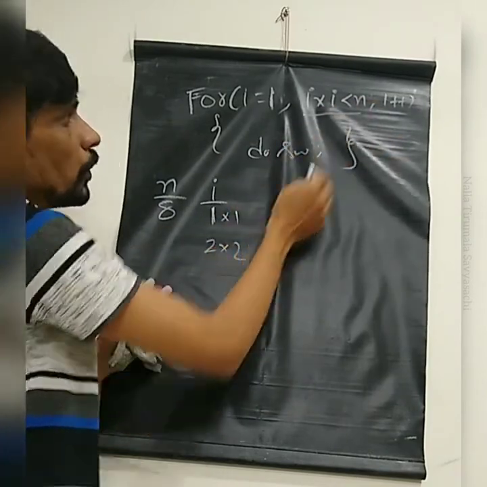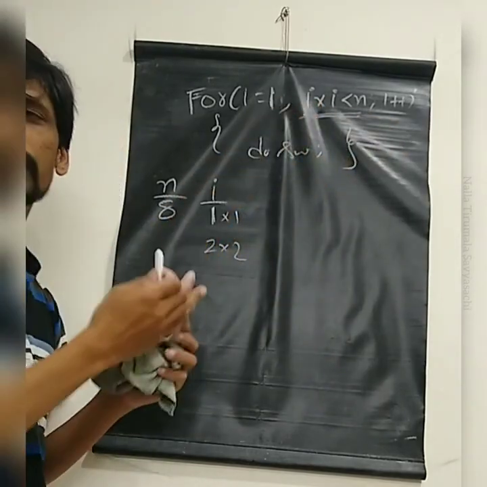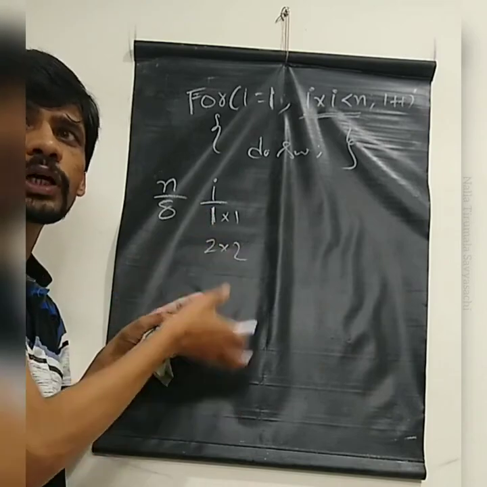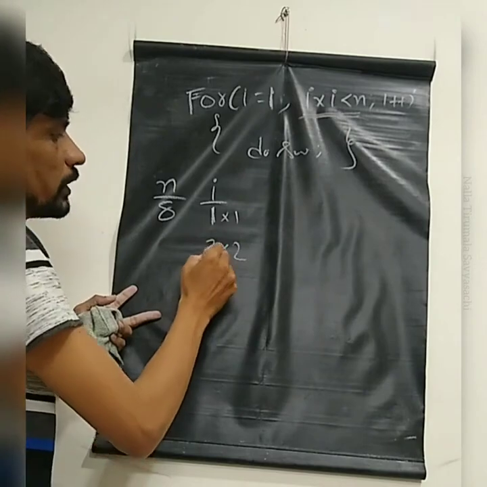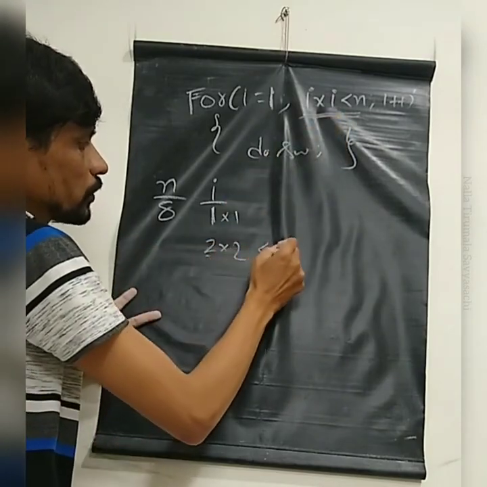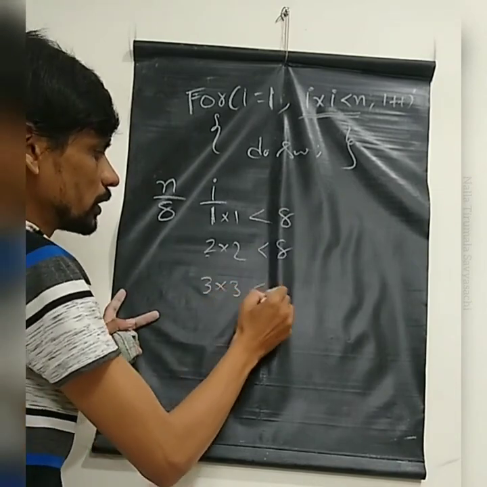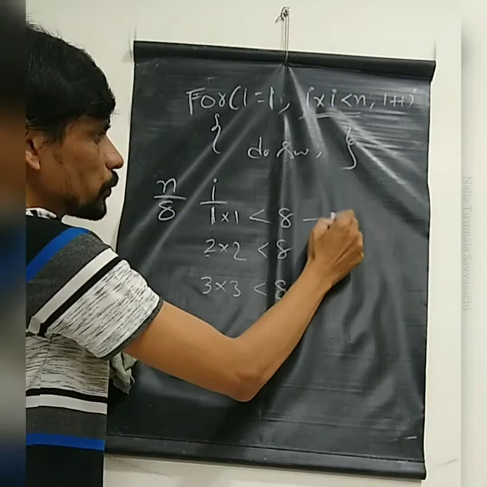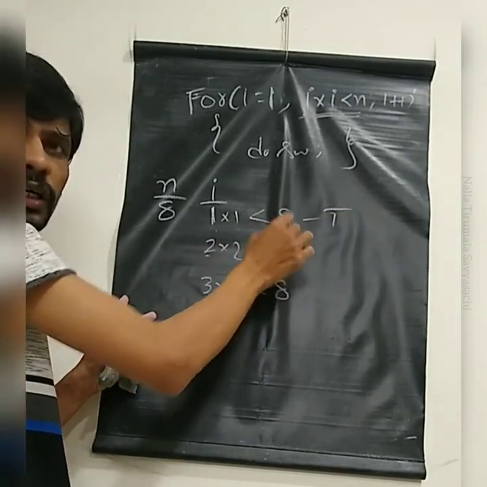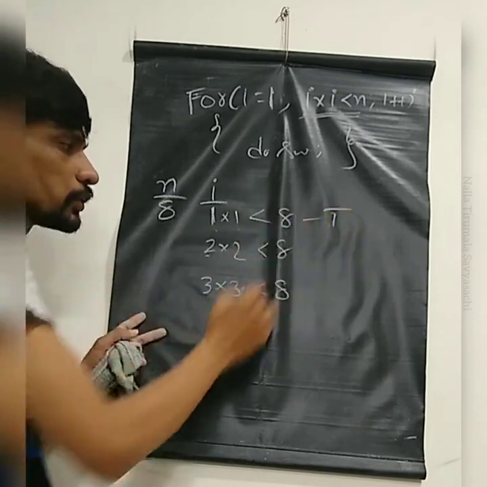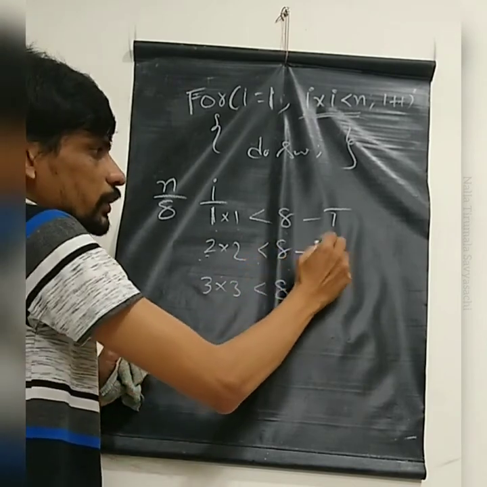What will this condition do? 2 multiplied by 2. Our focus should always be on that condition, how to satisfy that condition, so that we come up with our complexity properly, okay? So 1 multiplied by 1 is less than 8, that is true. 2 multiplied by 2, 4 is less than 8, this is true.